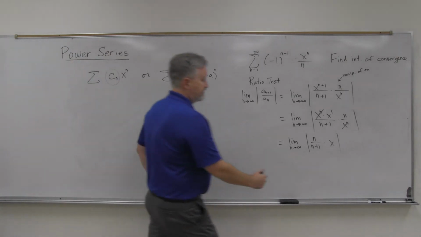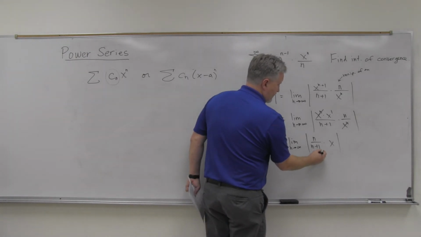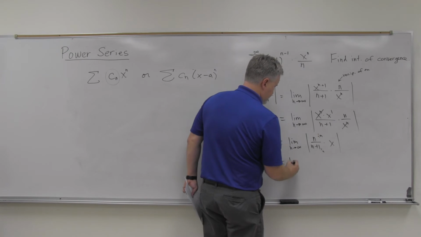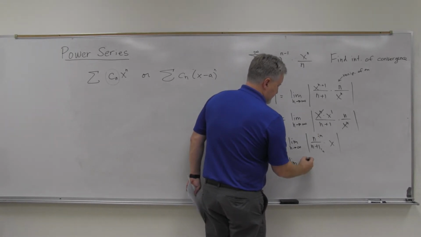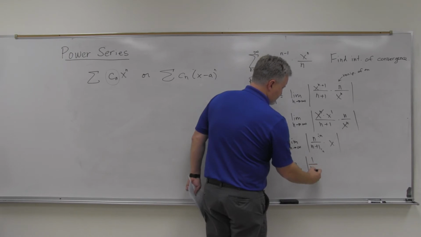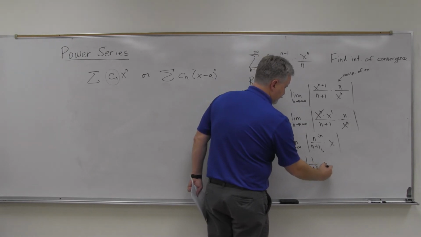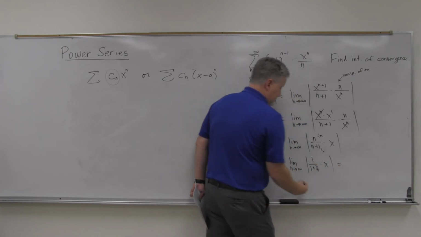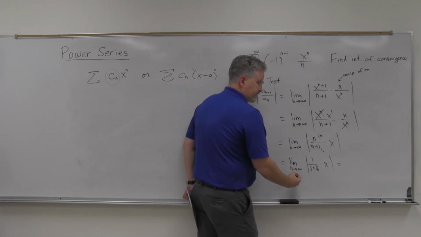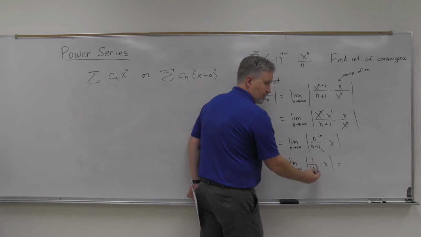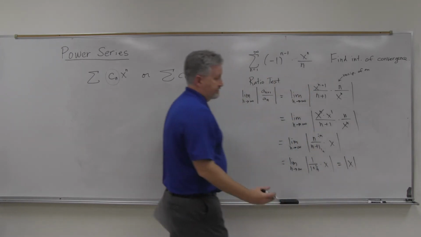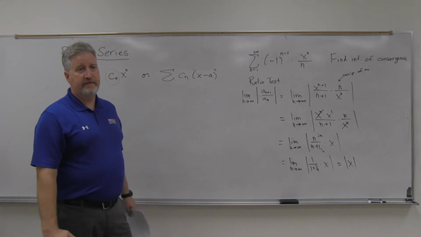Now, we are running into infinity, so our little divide by n thing here helps us see that this is 1 over 1 plus 1 over n times x, and as n goes to infinity, this is 1, so that's just the absolute value of x. That's what that limit is.